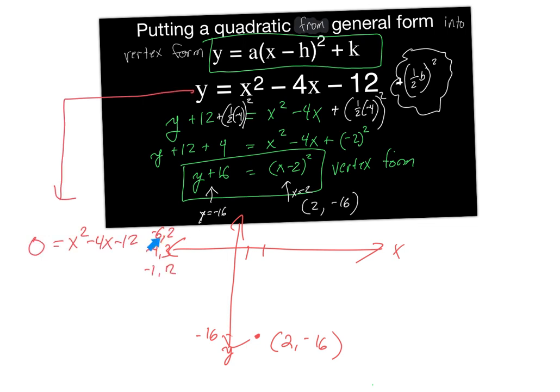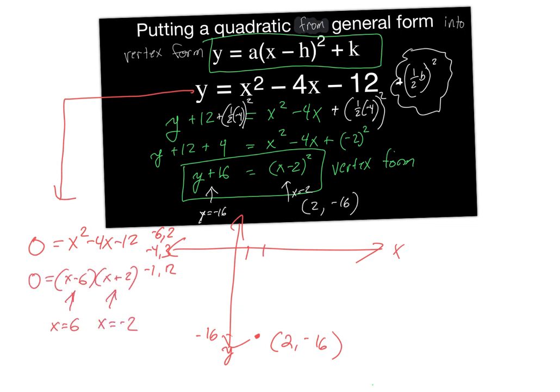This pair, negative 6, 2, multiplies to negative 12, adds to negative 4. 0 equals x minus 6, x plus 2. What makes this 0? X equals 6. What makes that 0? X equals negative 2.